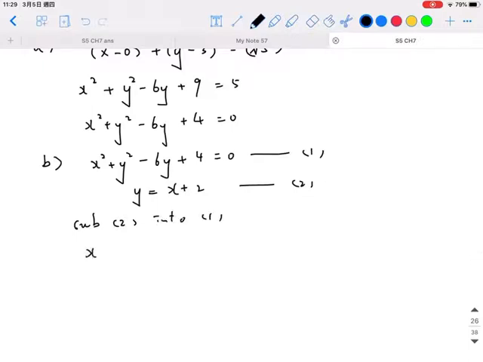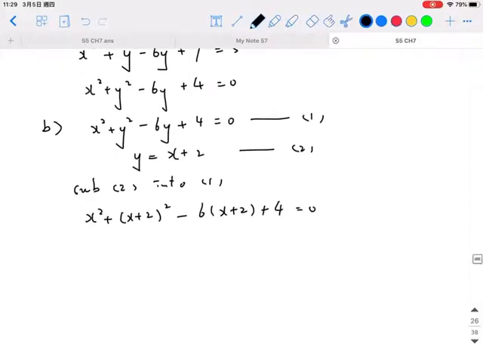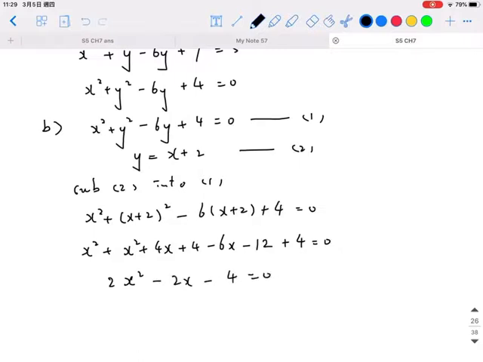That means x squared plus (x plus 2) squared minus 6 times (x plus 2) plus 4 equal to 0. And after simplification, you will get x squared plus x squared plus 4x plus 4 minus 6x minus 12 plus 4 equal to 0. And you will get 2x squared minus 2x minus 4 is equal to 0.